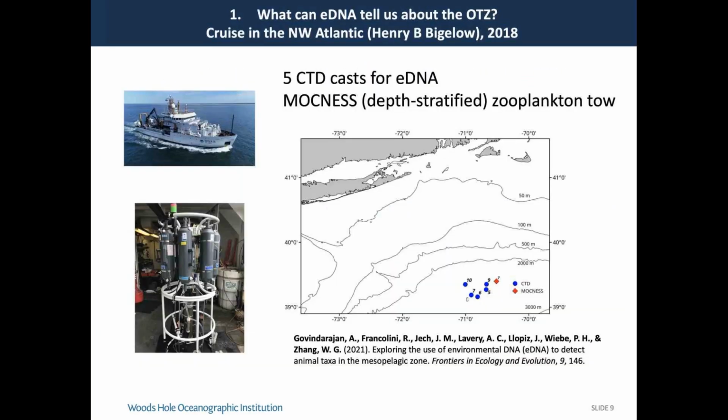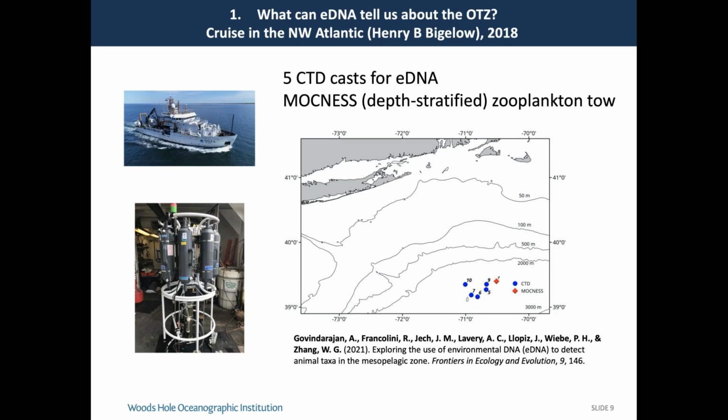So when we first did this work, the first cruise we had was in 2018 on the Bigelow, when we went to the North Atlantic slope water. We took some CTD casts where we took the water and sampled it. And then we also did a net tow using a MOCNESS, which can give you vertically stratified net tows.